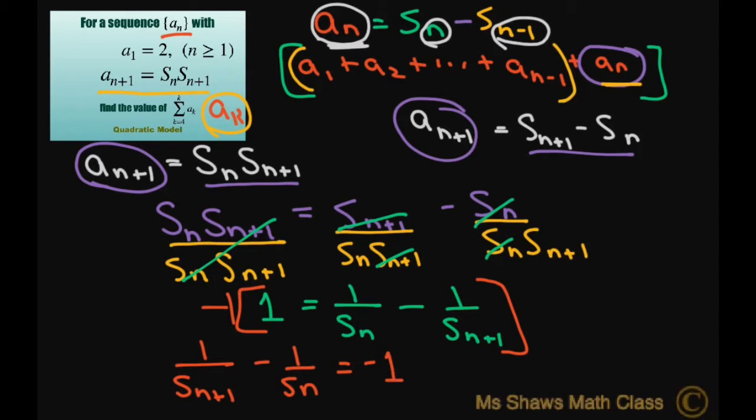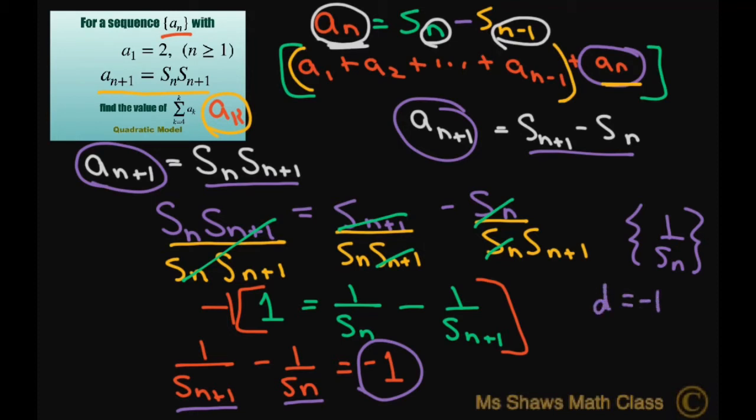So this is going to be an arithmetic sequence, where the sequence is 1 divided by s sub n. If you take the current term and subtract the previous term, you get negative 1. Therefore, our common difference is negative 1.